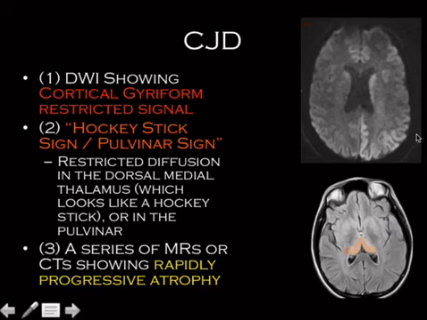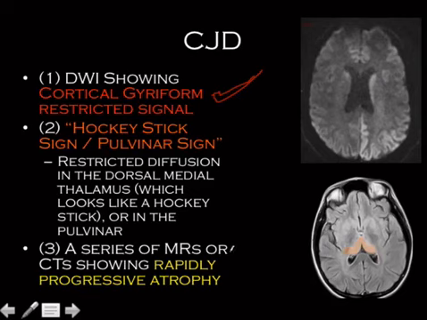Another way for it to be shown: if I was a betting man, this would be the way that I would guess that somebody would show it to you. If I was forced to choose a second way to show it, it would be the so-called hockey stick sign, where this medial thalamus has the appearance of a hockey stick, a high signal there.